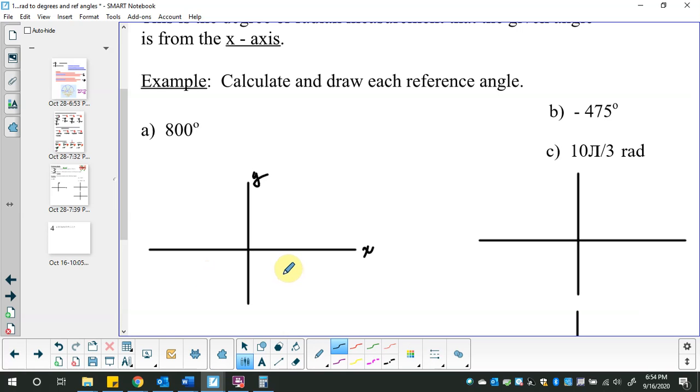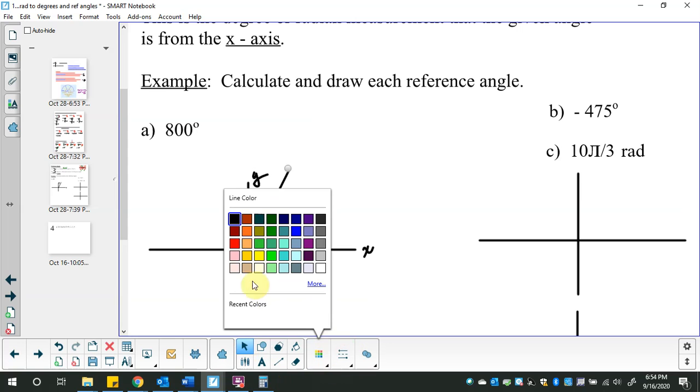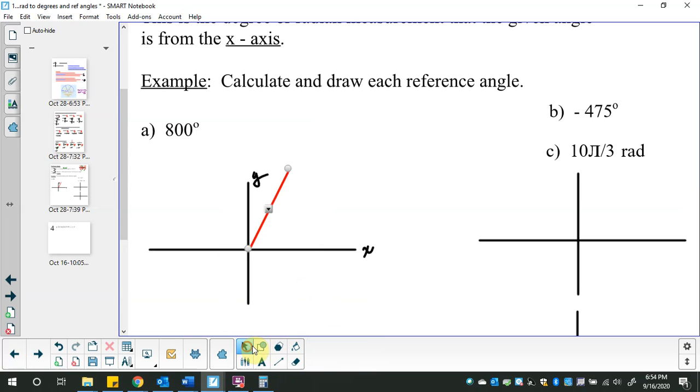So can you figure out where 800 degrees is? It doesn't have to be to scale, but 800 degrees should be in quadrant 1.